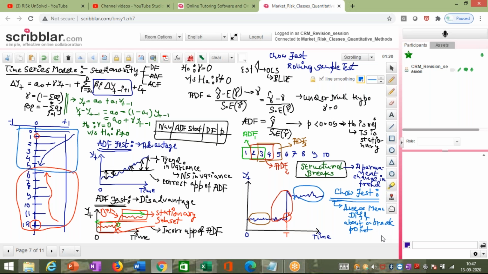So when I talk about performing the Chow test, one important thing is that we want to understand, given that there has been a certain spike, how do you go forward assessing that particular spike? That is something we want to understand. So let's see how this particular test is done.